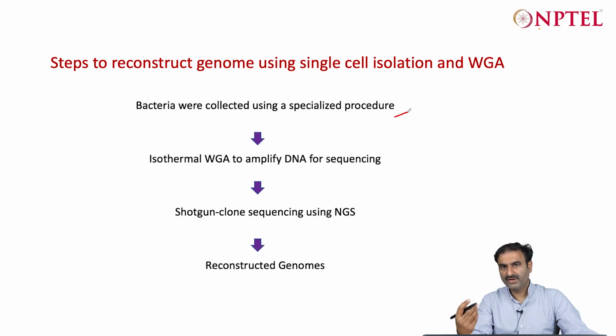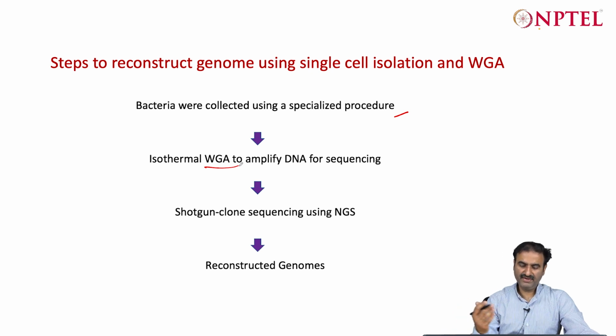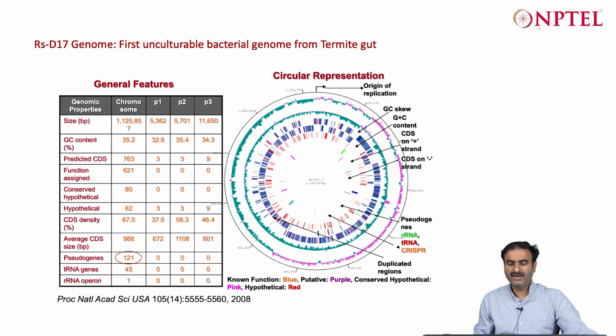When you have got about 100 cells, you can break them open and do isothermal whole genome amplification, because you want to keep the temperature constant. Once you have sufficient DNA, you can go for shotgun sequencing using NGS and reconstruct the genomes. This was the first genome that came from the termite gut, and it belongs to an unculturable bacterium.